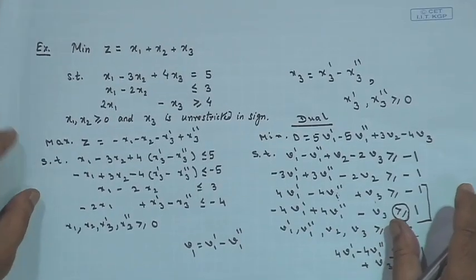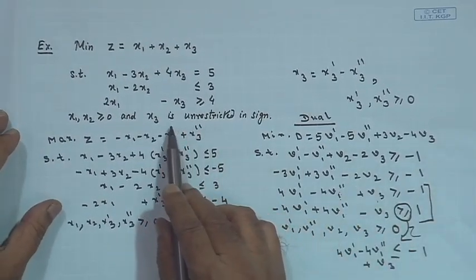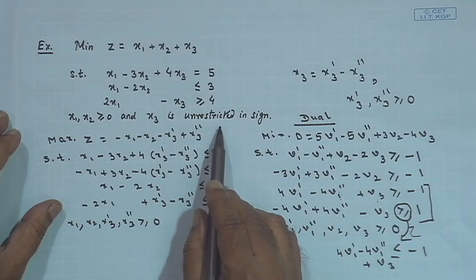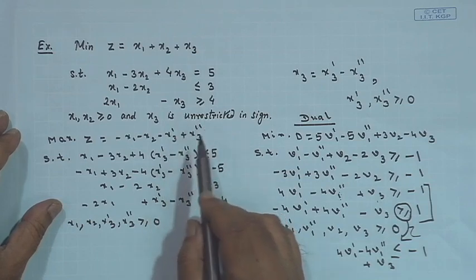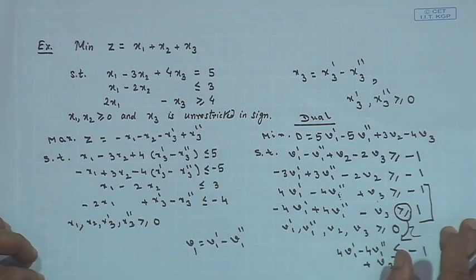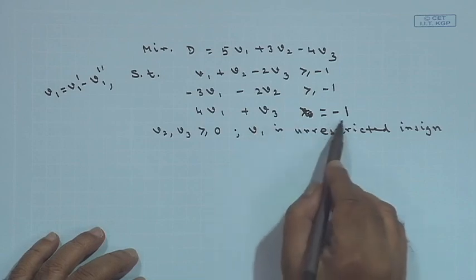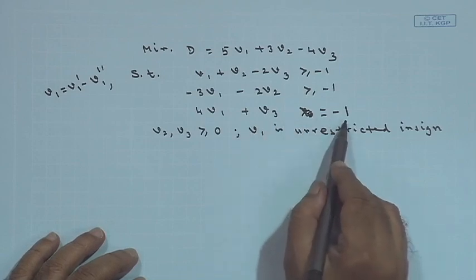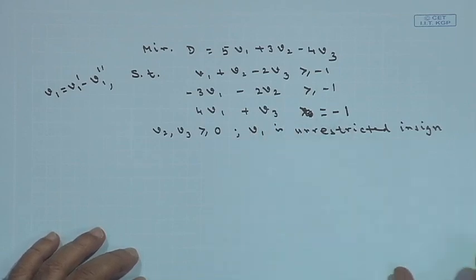Similarly, if one variable is unrestricted in sign in the original problem, then in the dual problem there will be one equality type constraint, which is true from here. So, I hope now you have understood how to convert an original or primal LPP into the corresponding dual problem. Now, let us see the other one.